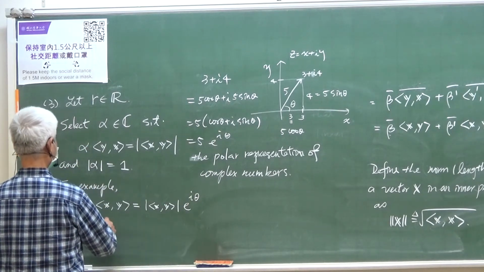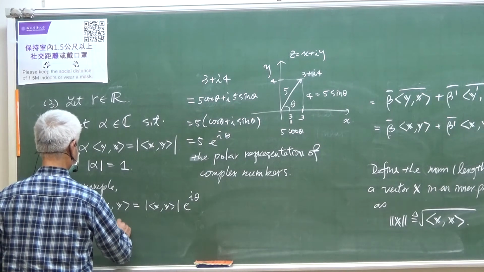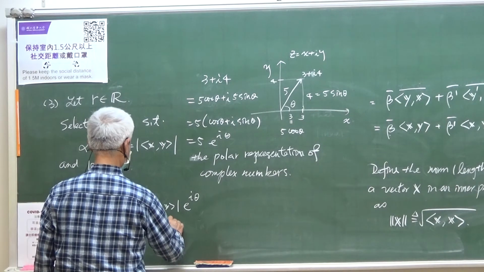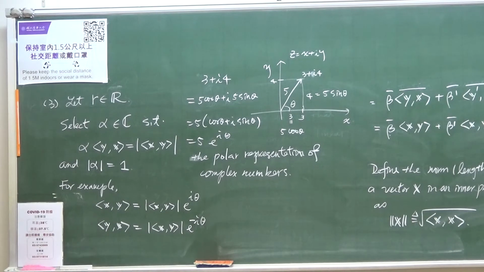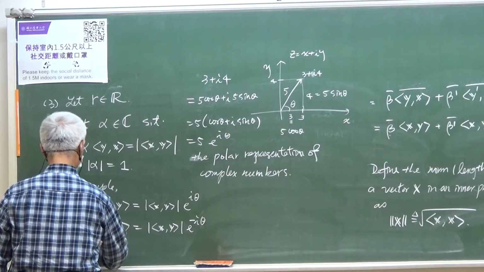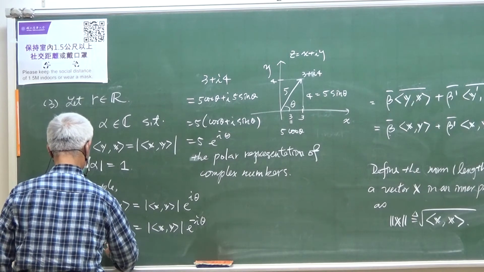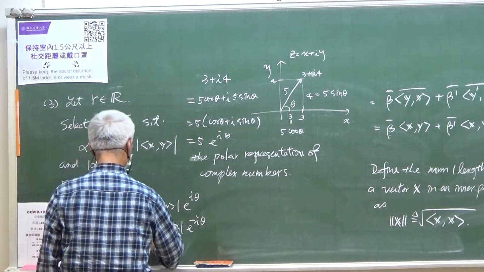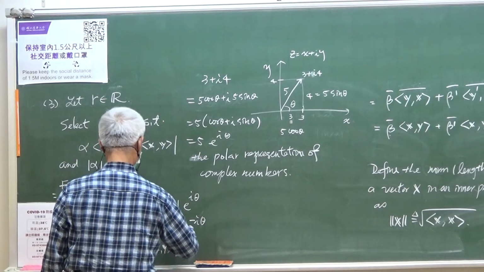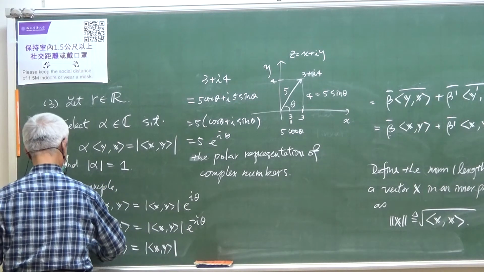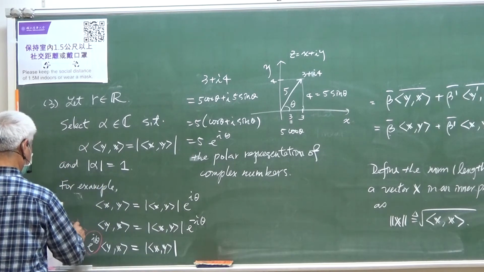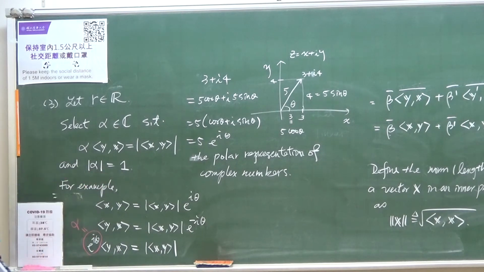Okay? So now, what is the inner product of y and x? This will become e to the minus i theta. Is that right? And when you multiply with e to the i theta, this becomes the absolute value. So what is alpha? Alpha is just this phasor. The magnitude of alpha is equal to 1, because any phasor has magnitude equal to 1.